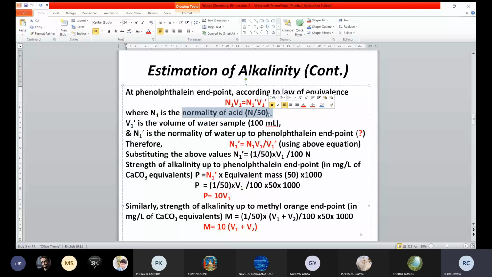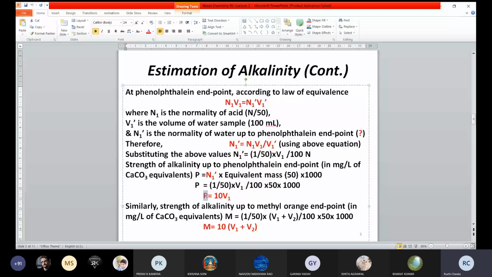And that is why you will not remember this as a formula. But in all the calculations, you will start from the law of chemical equivalence. Is that clear? Always start from the law of chemical equivalence. But at least this is telling you that there is a direct relationship between the burette reading and the strength of alkalinity up to phenolphthalein endpoint.